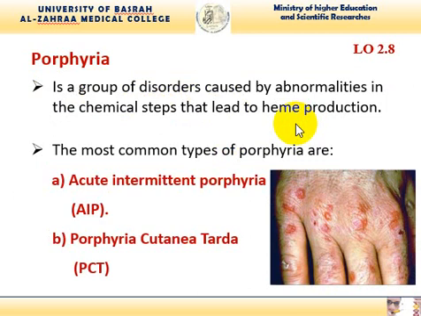So any defect in any one of these 8 steps will lead to a defect in heme production, and this will lead to porphyria. There are many types of porphyria, but the most common are acute intermittent porphyria, and the second type is porphyria cutanea tarda.